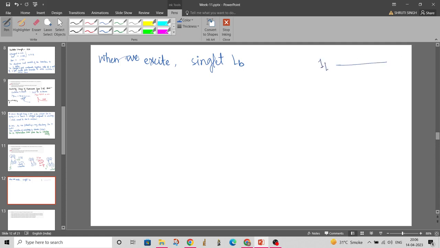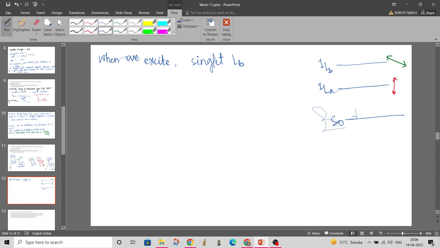The upper one is the 1LB and the lower one is the 1LA state, and this is the ground state S0. This state has a polarization like this, and this state has a polarization like this. So they are almost perpendicular.